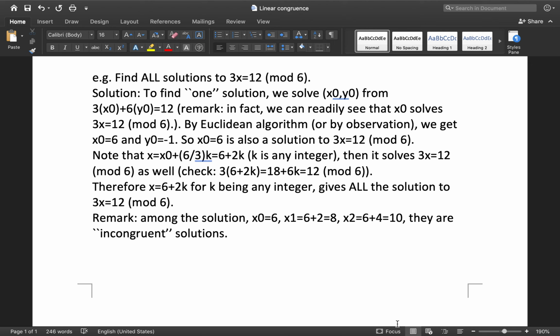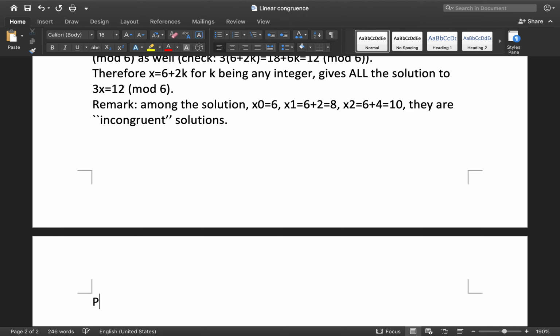So how do we find all those incongruent solutions, and how many of them? That is back to the proof of the theorem. After we finish the proof, we will see why that has to be true. So now we are doing the proof.